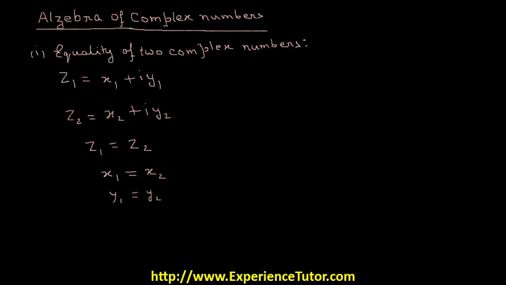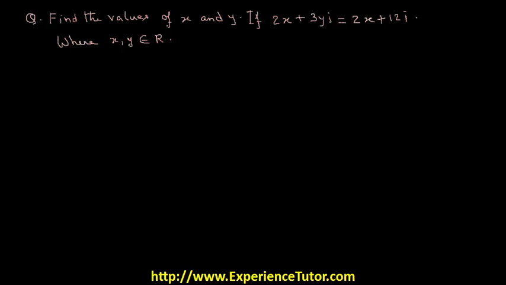Now we have a question. Find the value of x and y if 2x plus 3y i is equal to 2x plus 12i, where x and y are real numbers. So in this case, two complex numbers are equal. Therefore, the real parts and imaginary parts are equal. If we equate the real and imaginary parts separately, then we will get 2x is equal to 2.